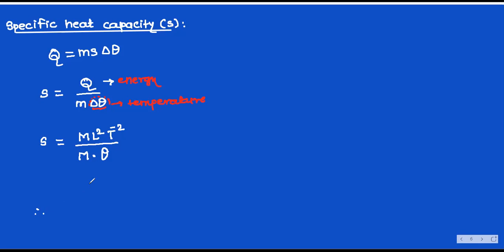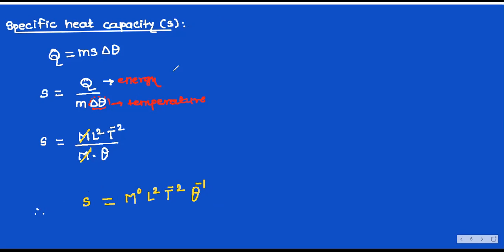If we see for this specific heat capacity, this M and this M will get cancelled. And therefore in the specific heat capacity dimensions no mass term is present. So therefore 0 in mass. Next is 2 in length, minus 2 in time, and minus 1 in temperature.